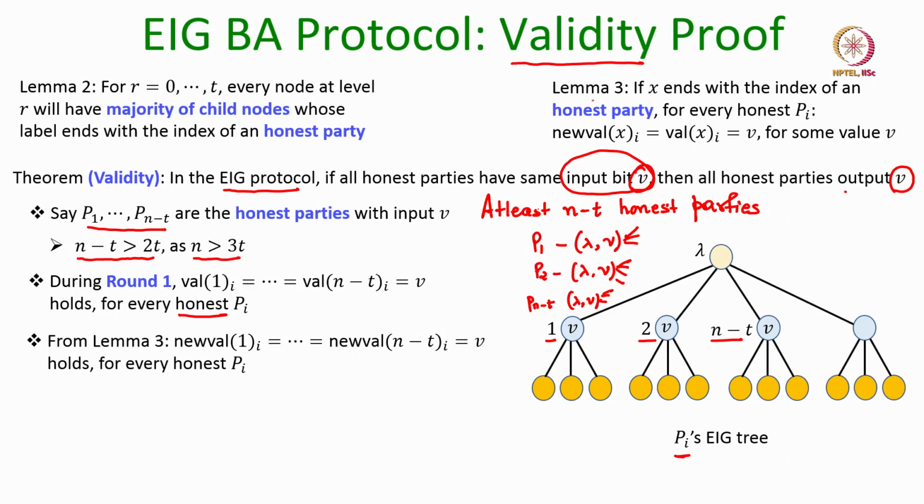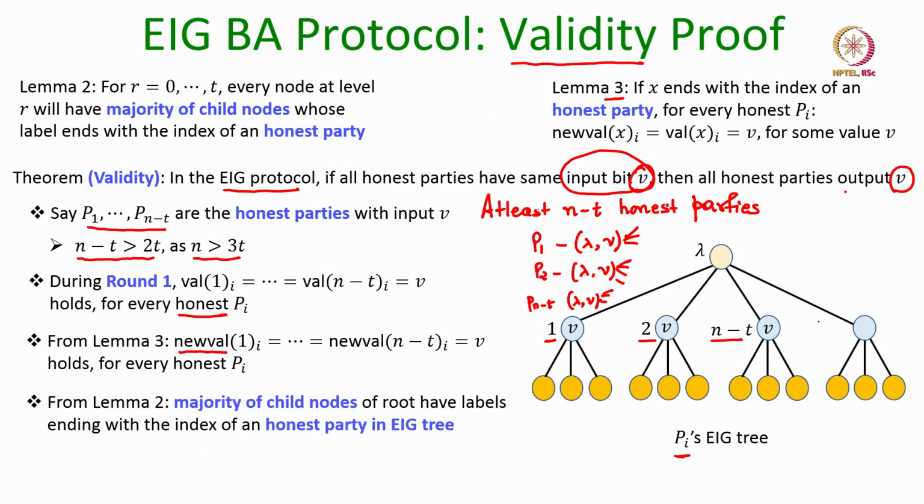Now, what does lemma 3 state? Lemma 3 states that the old value assigned to the nodes with labels 1, 2, up to n minus t will be the same as the new value. That means the recomputed values will also remain the same, namely v.